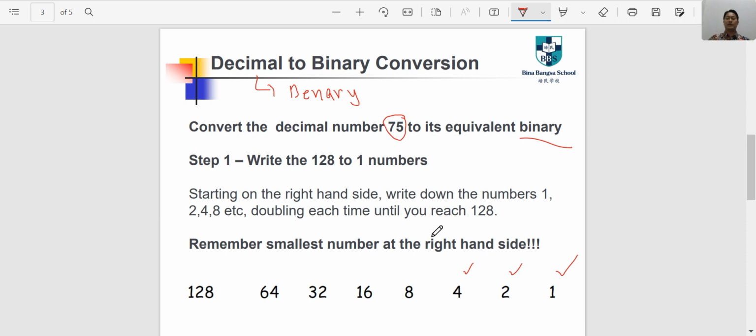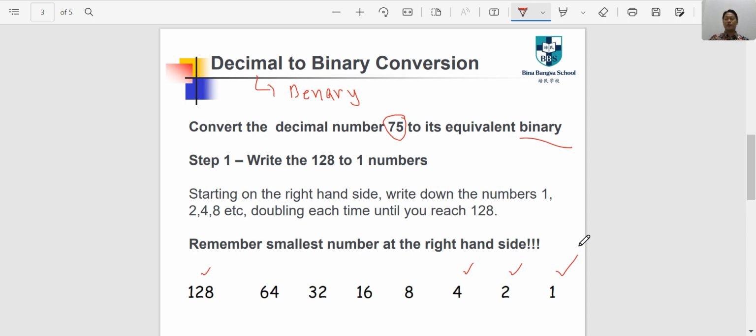These are considered as powers of 2, or multiples of 2. Remember, smallest number at the right hand side: 1, 2, 4, 8, 16, 32, 64, 128. Not actually the last number, you can extend. So 128 times 2 is equivalent to 256.